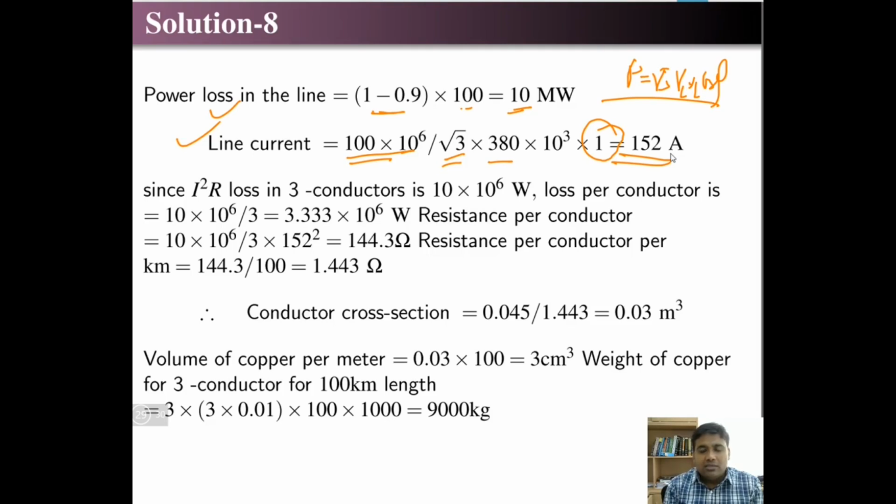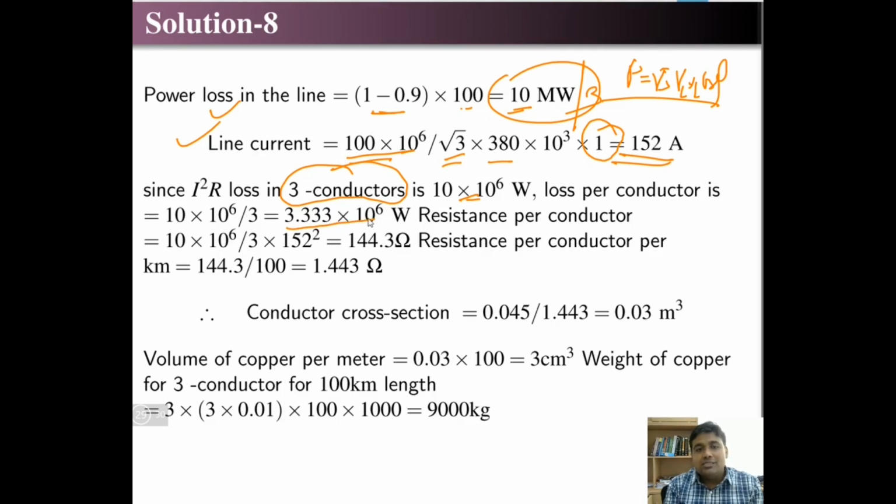Now you have 3 conductors, so 3 conductors together make a line loss of 10 megawatt, 10 into 10 to the power 6. So one conductor will give a power loss of 10 megawatt by 3, so 3.33 into 10 to the power 6.